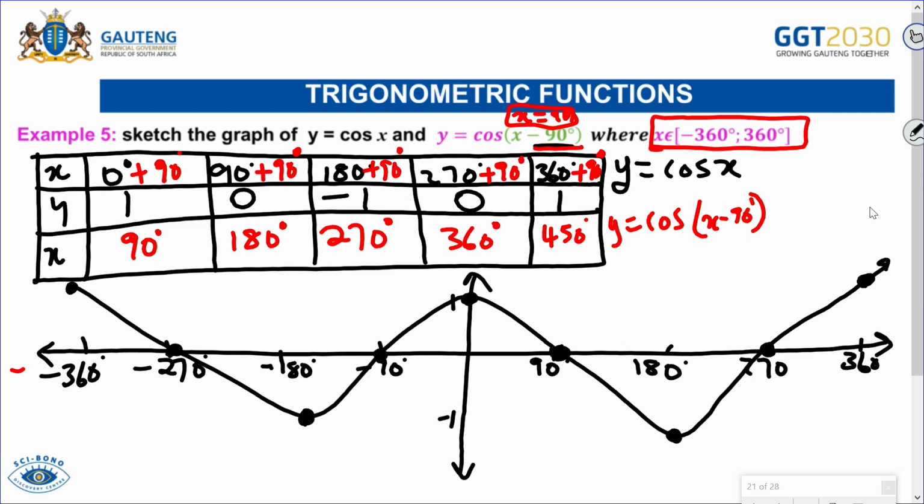So it's going to be just before negative 270. And then negative 270, I add 90. I'll have negative 180, which is going to be somewhere here. It's already given.